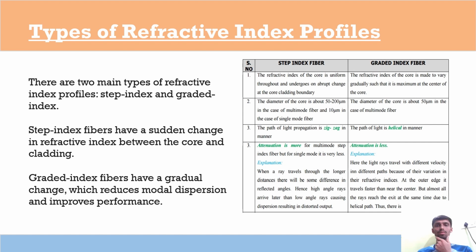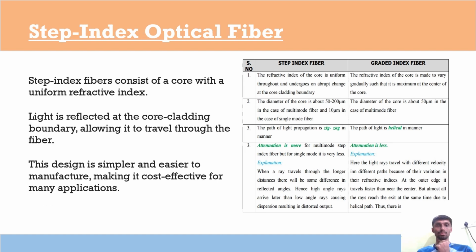The diameter of the core is about 50 to 200 micrometers in the case of multi-mode fiber, and 10 micrometers in the case of single mode fiber. And the diameter of the core is about 50 micrometers in the case of multi-mode fibers.